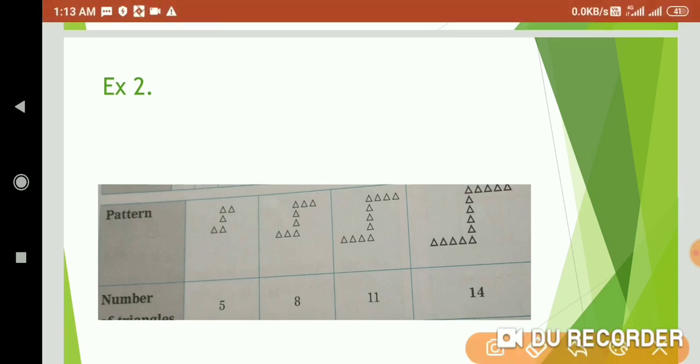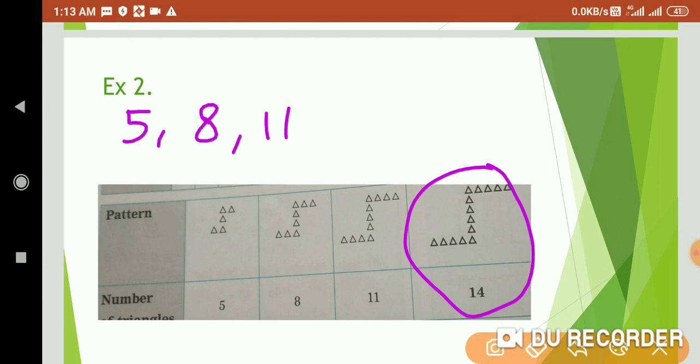Now see another pattern. In this pattern, some triangles are drawn, and below these triangles the number of triangles is also written. If we have to count how many triangles are there in the fourth column, then see again, it is very easy to tell, because if we observe, the numbers of triangles are 5, 8 and 11.